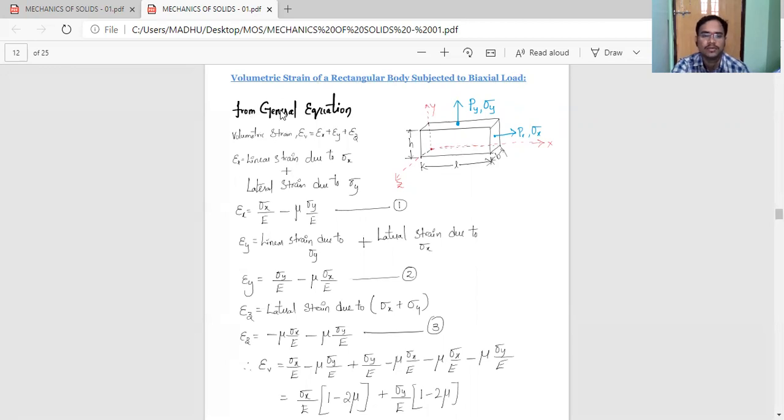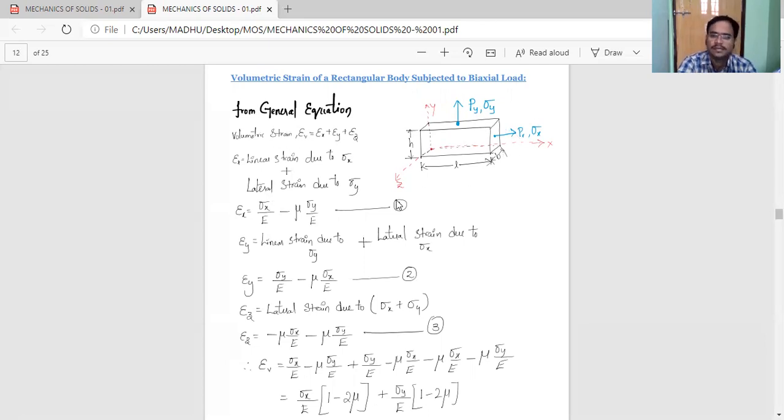For biaxial load, from the general equation, the volumetric strain epsilon v is equal to epsilon x plus epsilon y plus epsilon z. Epsilon x is the linear strain, and epsilon y and epsilon z are lateral strains with respect to this Px.